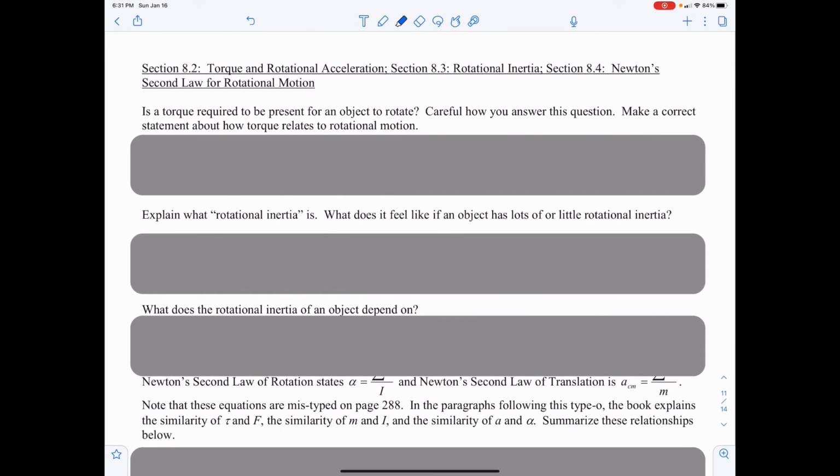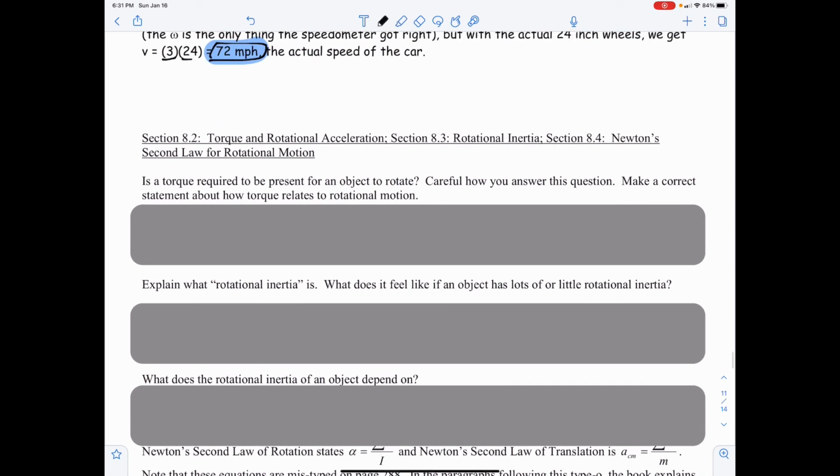Sections 8.2, 8.3, and 8.4 all relate to the concept of net torque and ways to write Newton's second law. Now Newton's second law tells us that a net force causes a mass to accelerate.